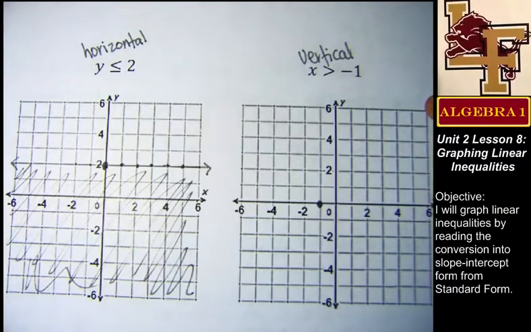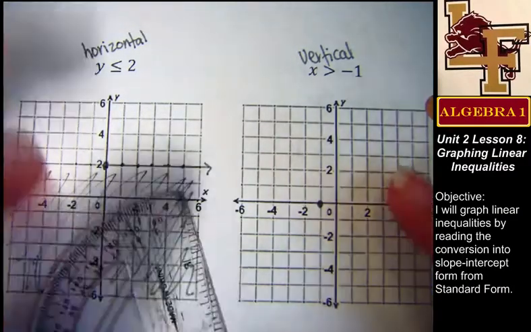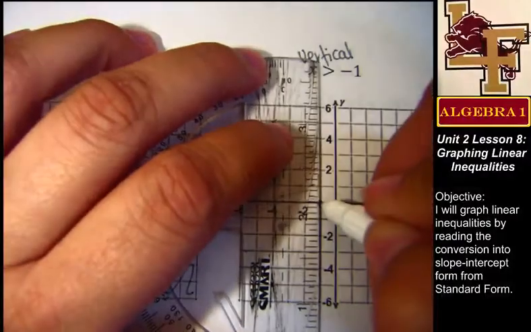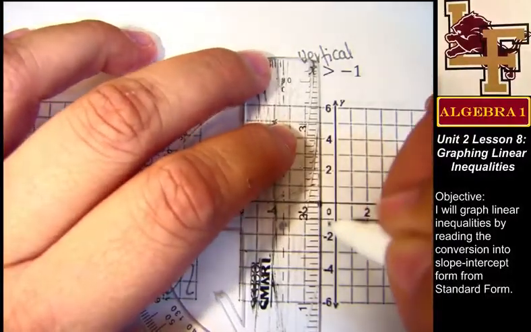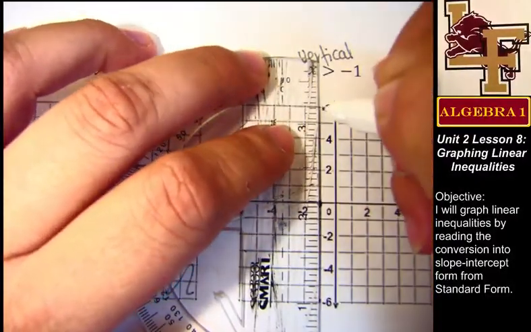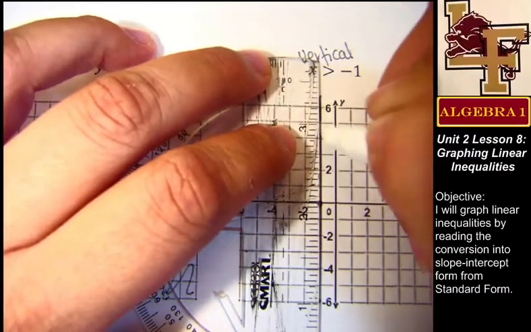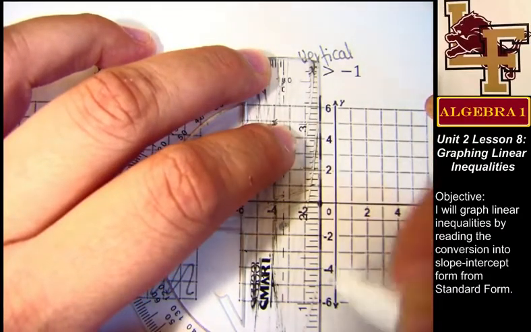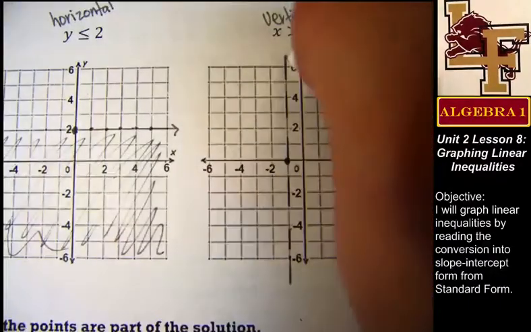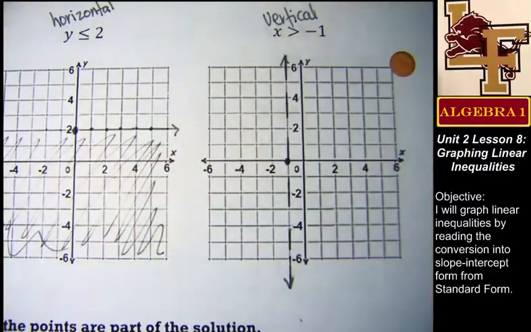So undefined slope. Thank you again for lending this to me. Solid or dashed? Dashed. Okay, since I know right off the bat that it's going to be dashed, I'm going to go ahead and draw it as dashed so I don't have to go through and erase. Where do I shade?